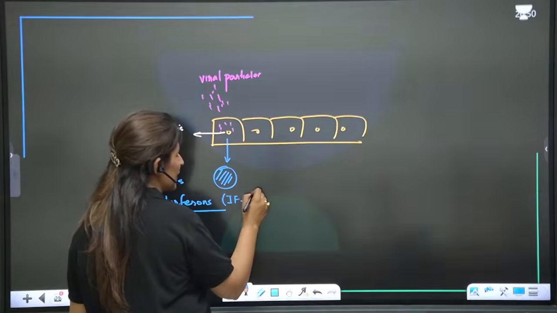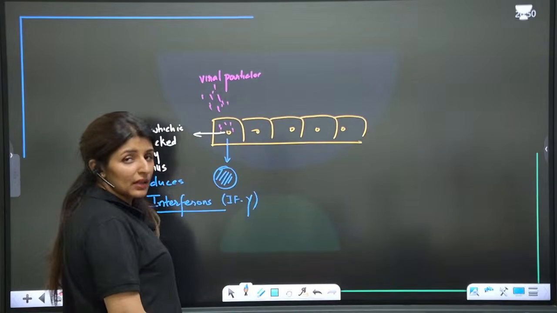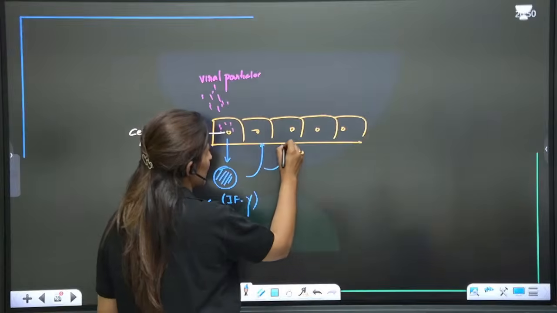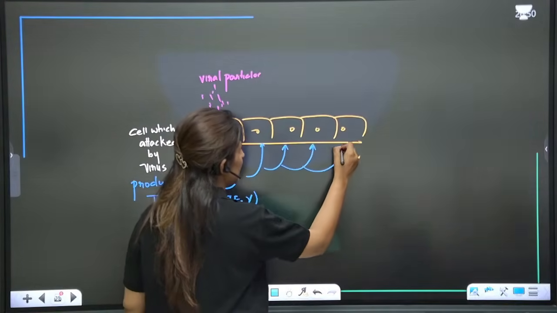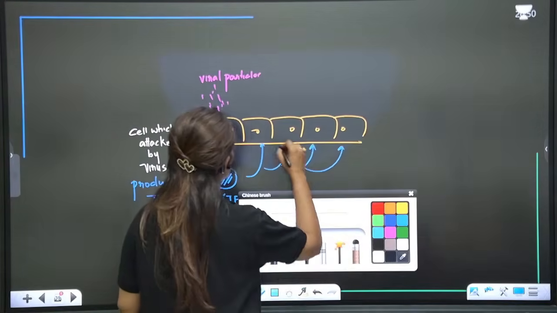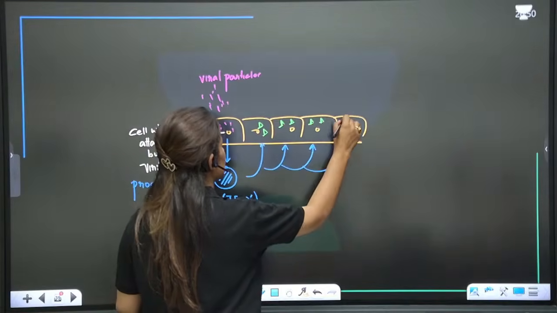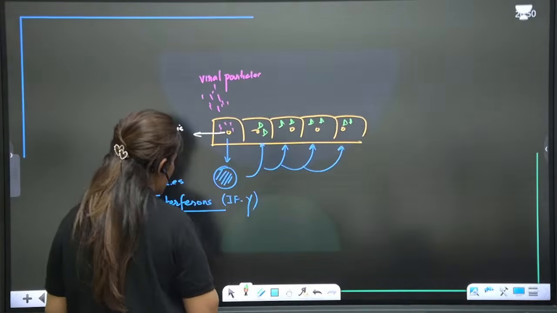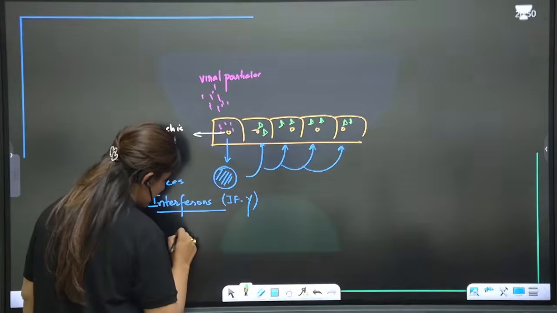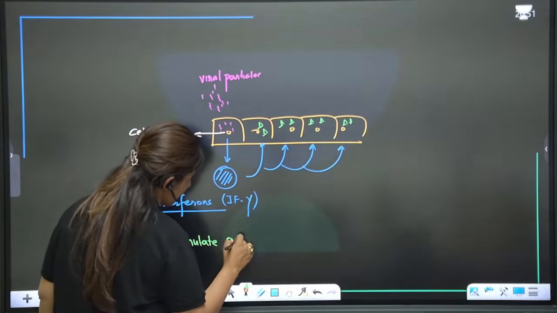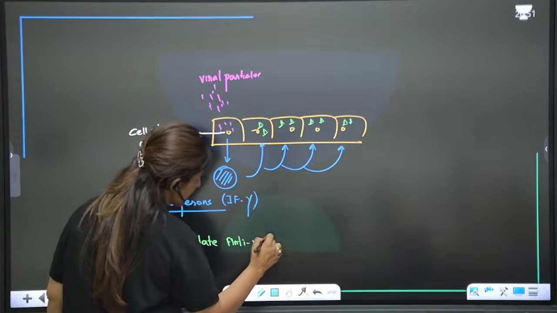And these are gamma interferons, by the way. Is that clear? Now these interferons are going to stimulate and alarm the neighboring cells to produce antiviral proteins. So what do these interferons do? They stimulate the production of antiviral proteins in the neighboring cells.